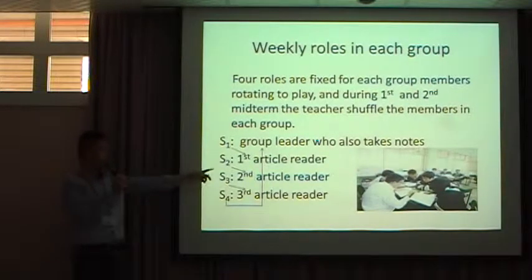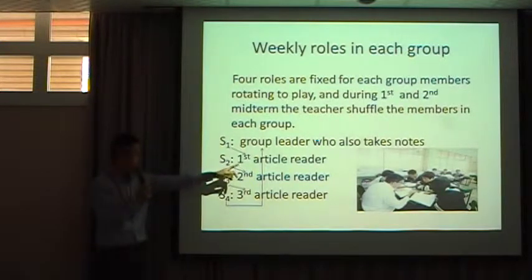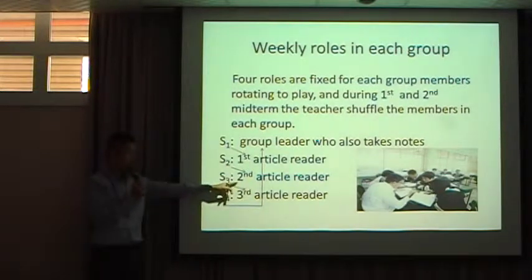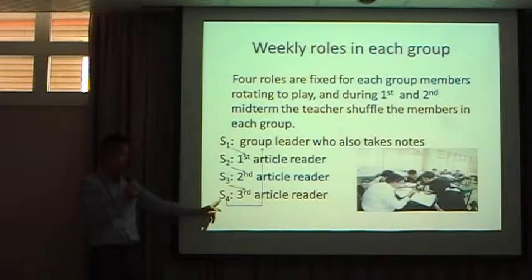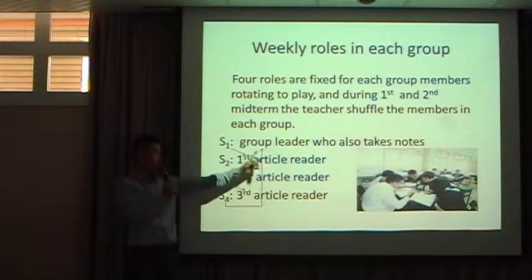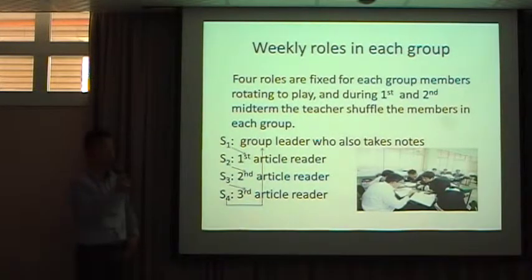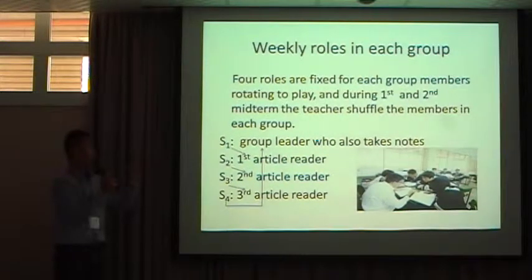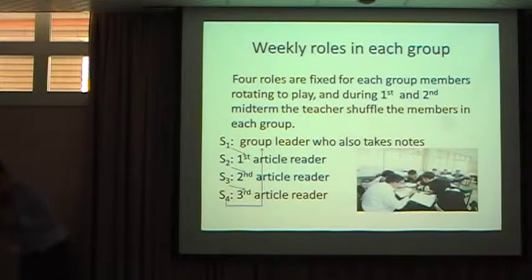But student 2 should be the first article reader, and so on and so forth. But the next week, student 1 should be the first article reader, and student 2 should be the second article reader. But student 4 shifts to become the group leader who also takes notes. So each week we have the rotating play.